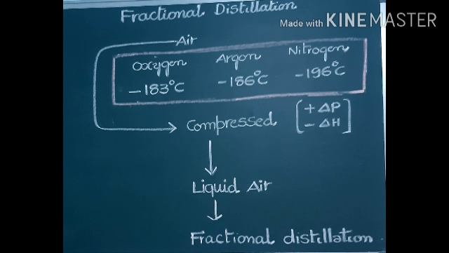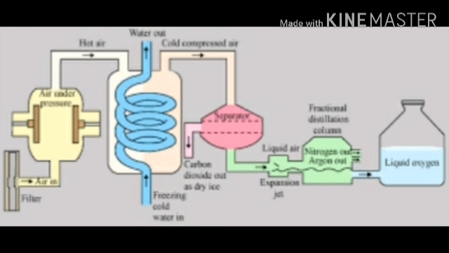The gases separate at different heights. For example, oxygen, argon, nitrogen. Among these three gases, nitrogen has the lowest boiling point. That's why it condenses and is separated first, next argon, and finally liquid oxygen settles down. Finally you will get liquid oxygen. So this is the fractional distillation process.